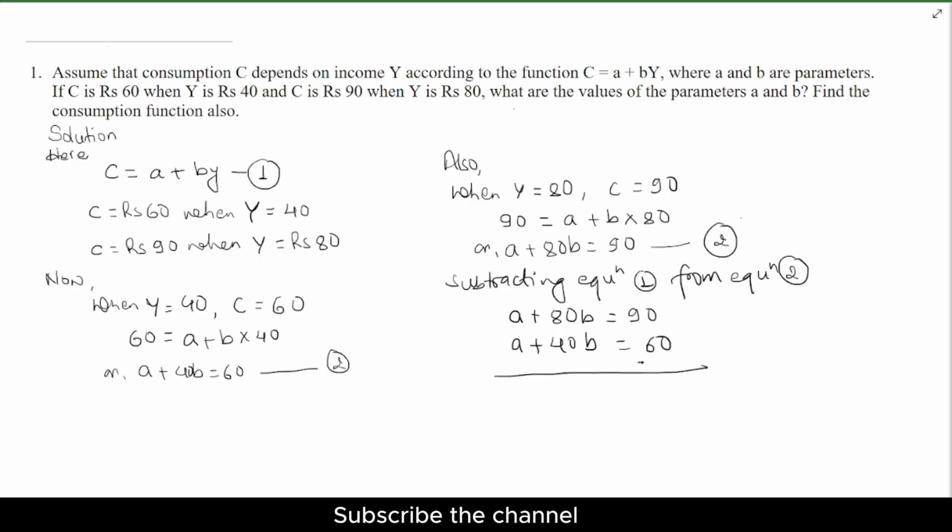As we need to subtract, the sign will change of the second equation. See, this A and A is cancelled. Now 80 minus 40 is 40B. 90 minus 60, that is 30, or B equals 30 by 40, then you will get 0.75.